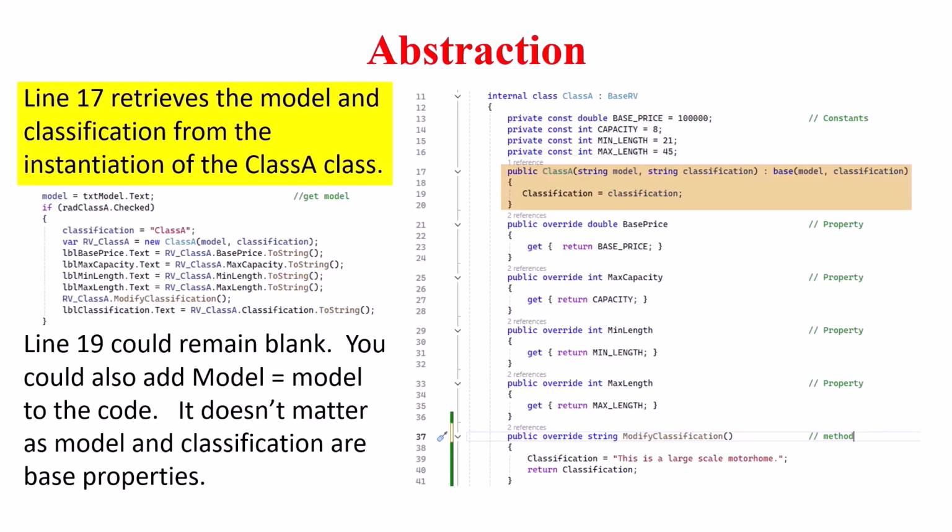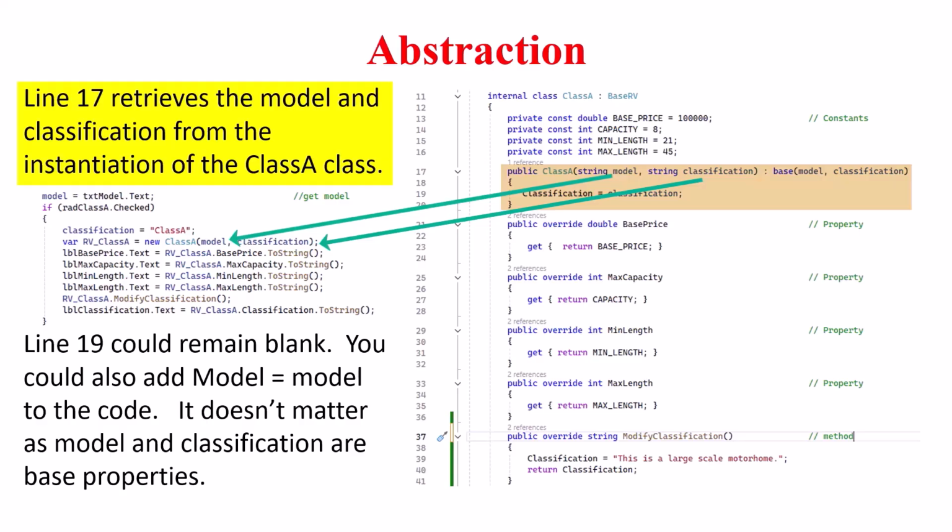And you can see here, line 17 retrieves the model and classification from the instantiated Class A class. And on the left side, you can see the code that we use to actually access the model, model equals txtModel.text. We're bringing in the model from the text box from the customer. And we're looking at radio buttons.